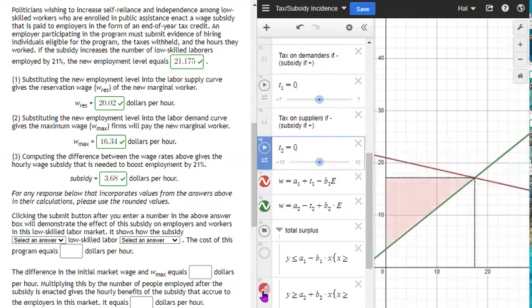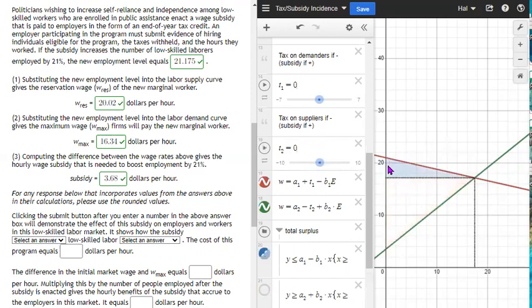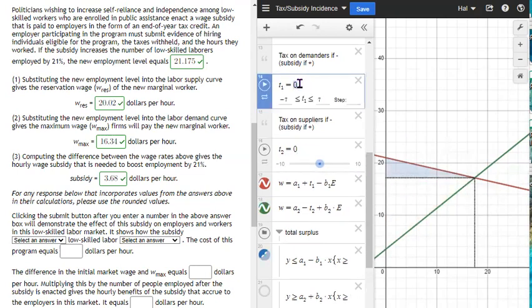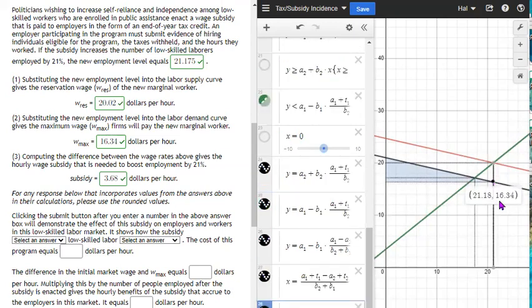What about the firm surplus? The firm surplus is this blue triangle, right? Initially. But when firms are given the subsidy, right? They can pay workers the $20.02, but out of pocket, they're really only spending $16.34 per hour, right?